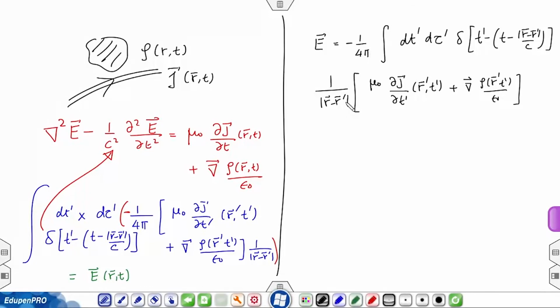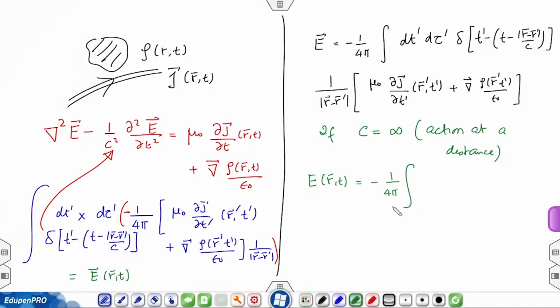Notice that if the propagation was instantaneous, that is, if c was infinity, which is called action at a distance, then my solution at r would have been E r t is equal to minus 1 over 4 pi integration of d tau prime.